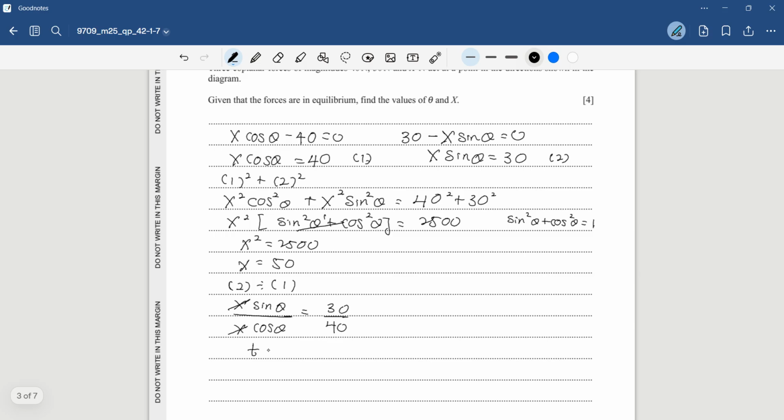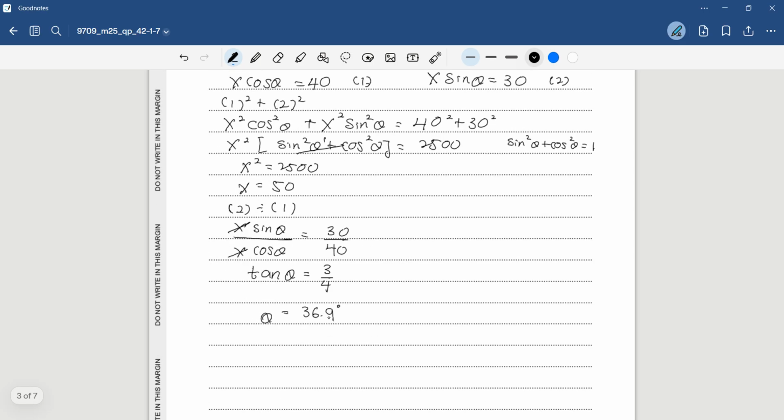So it's going to be tangent theta equal to 3 over 4. Therefore, theta will be 36.9 degree. Please make sure you put the degree symbol here. Even though in mechanics you don't need to put any units, for theta you must put the degree symbol, otherwise it's considered as a radian. Okay, so this is the working.